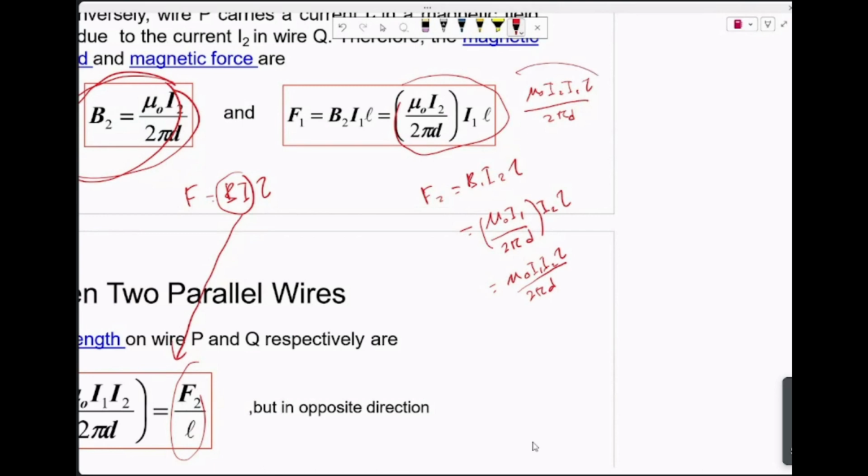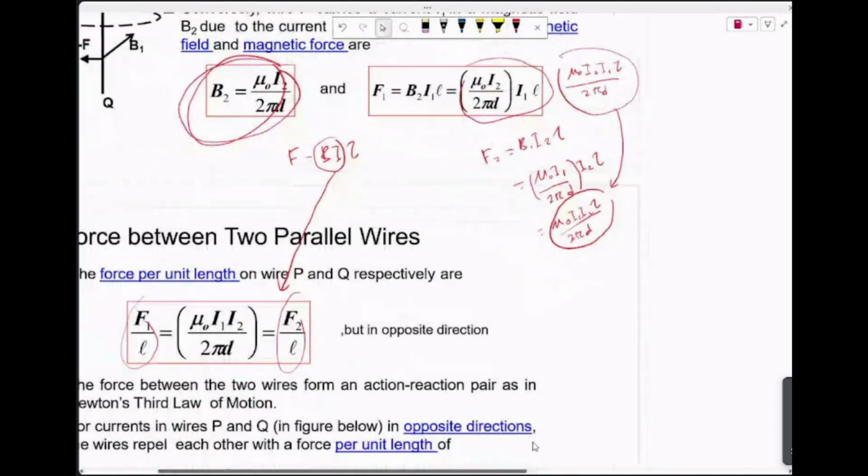If you look at this, these two are exactly the same. It's not similar, it's exactly the same. The difference is I2 multiplied by I1, and this is I1 multiplied by I2, which is the same. The value is going to be the same. So that's why it comes with this lah.